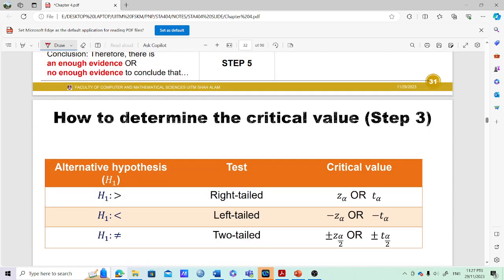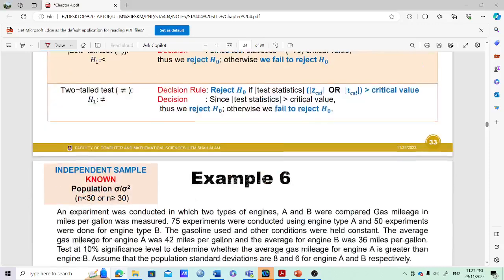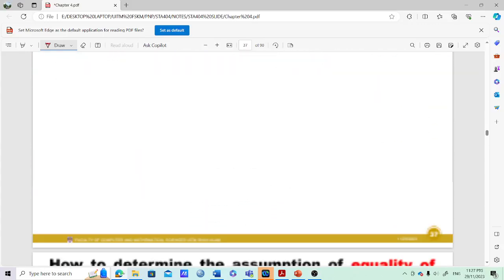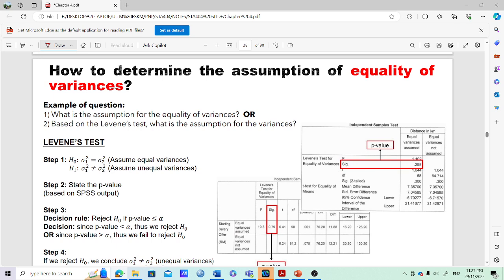So, do you still remember how to conduct the Levene test? Actually, the Levene test is similar to what you have learned in chapter 3. We use the Levene test in order to know whether the population variances are equal or unequal.